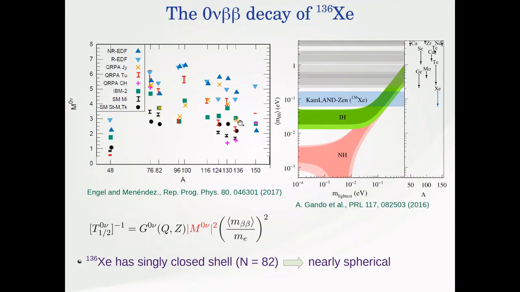So there are a lot of people doing these calculations, but you can see there's a huge spread in the calculated value for the matrix element, and the half-life goes as the matrix element squared. So if this factor of 4 here, it'll become factor of 16 here, and that will affect your extracted effective neutrino mass, your extracted limits on CP violating phases, or anything that you need to do extra from these neutrinoless double beta decay measurements.